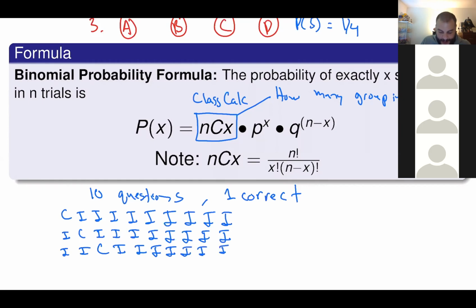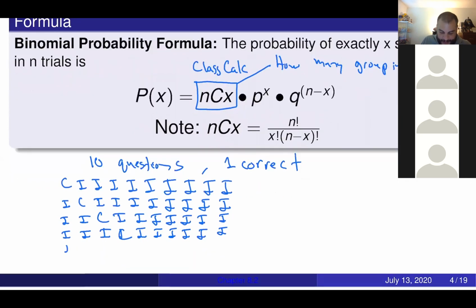Or you could get the first one incorrect, the third one incorrect, and then you get the fourth one correct, and then everything else is incorrect. Or you could get the first four incorrect and then you get the fifth one correct, and the rest incorrect.